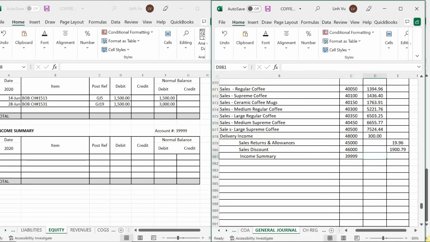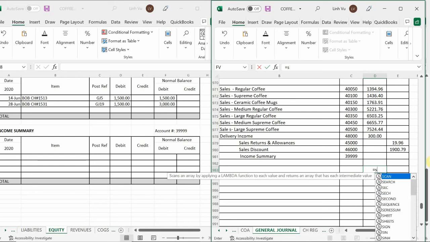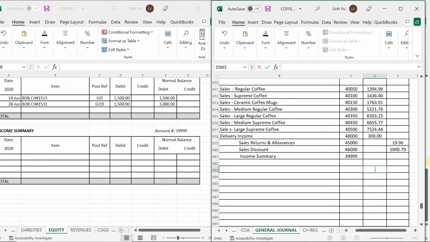It's going to give me a total credit of, well, in this case, I need to do my debits and credits. If I do my equal debits and credits, I'd be able to solve for this much more easily.